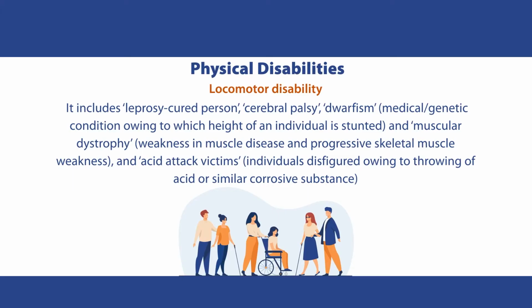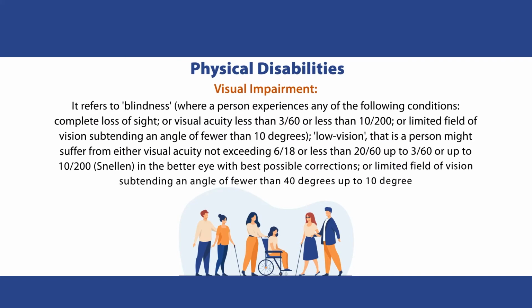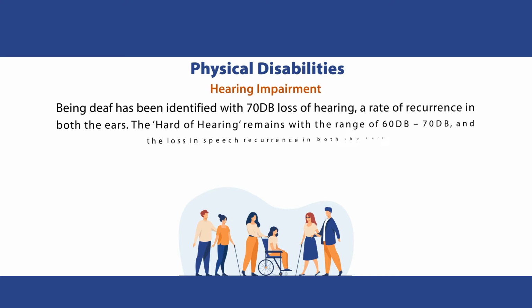Then we can talk about the visual impairment. It refers to blindness, then partial blindness and such type of people who have mainly the problem with their vision. And the third main umbrella term we can talk about is hearing impairment.